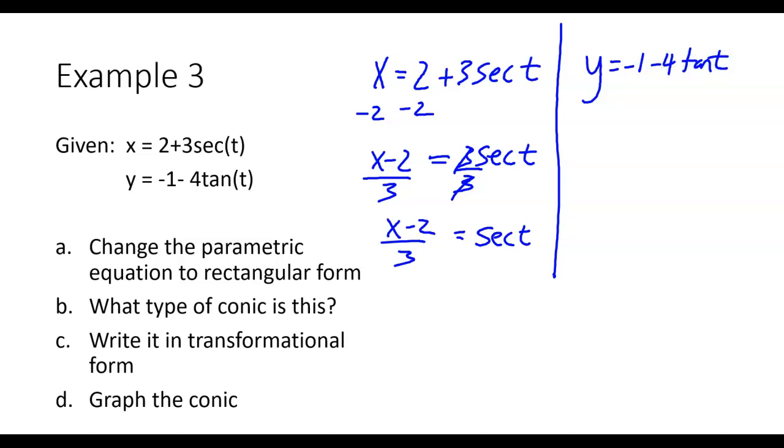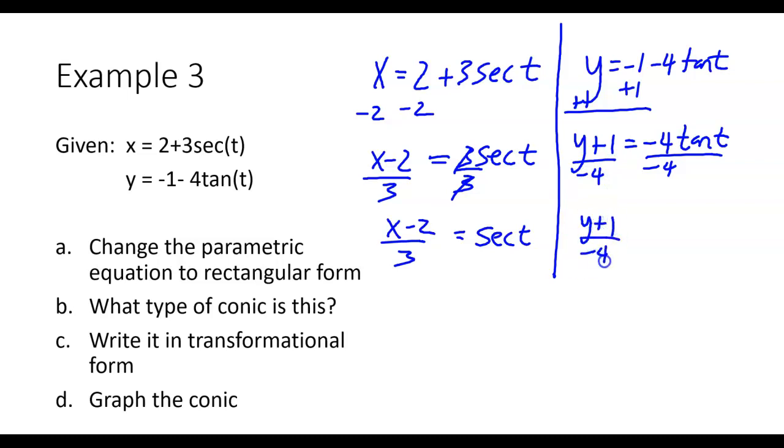On this one, we want to get the tangent by itself. So I'm going to add 1 on both sides. And then I'm going to divide both sides by negative 4. So step 1 is to get the secant and the tangent by themselves.